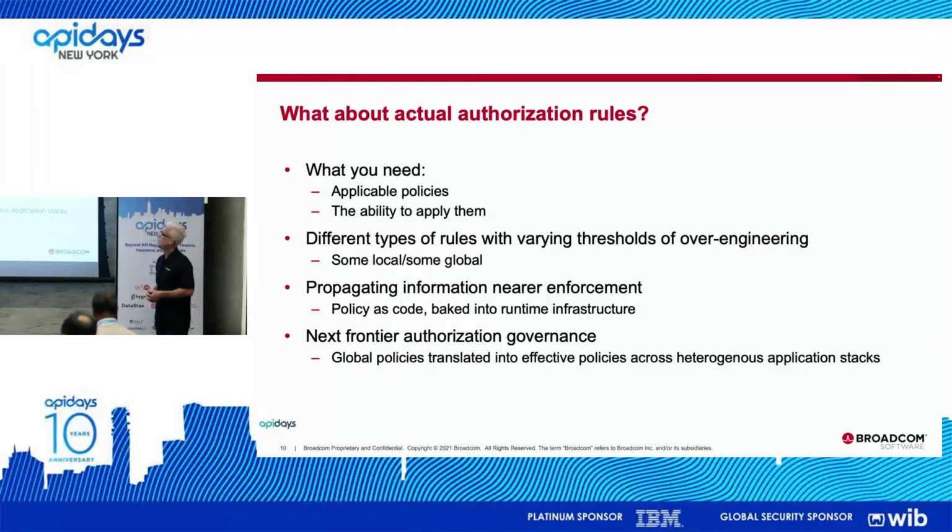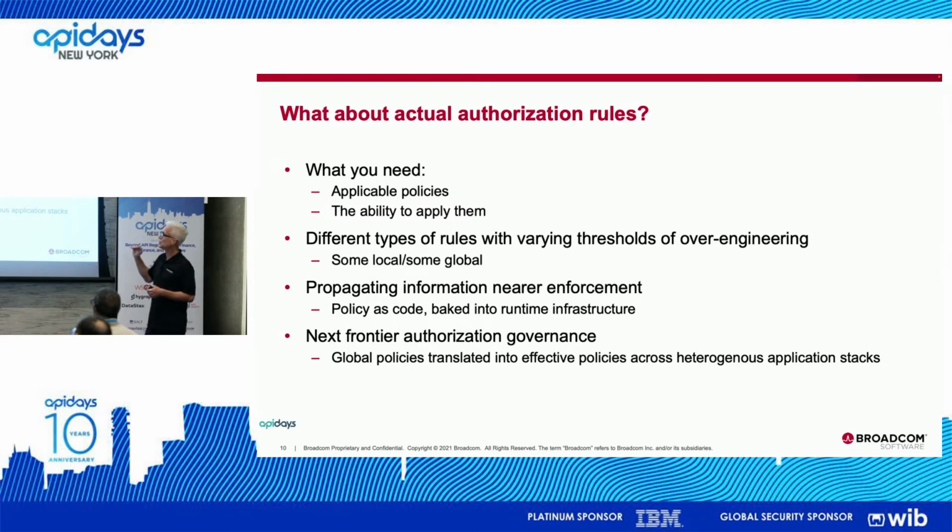Okay. So let's talk about actual authorization rules, because we cheat a little bit when you look at it from the perspective of just revoking a token. This is a really simple binary yes or no, right? It's revoked or it's not. But when we talk about actual authorization rules, you need more than that. You need more intelligence. You need something like a policy engine to be able to execute on that.